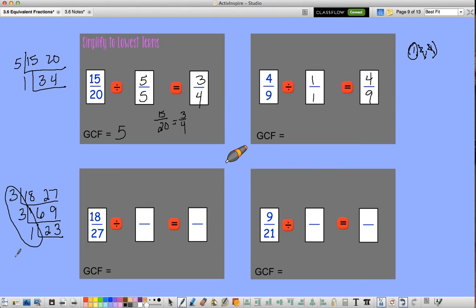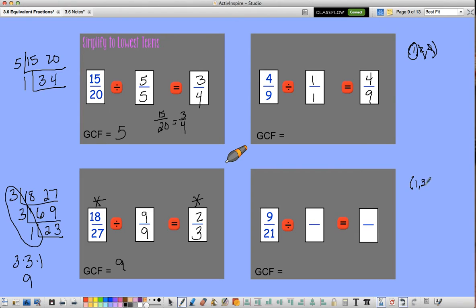So I do 3 times 3 times 1, and I get 9. So the GCF of 18 and 27 is 9. So I divide by 9 over 9, and I get 2/3 as my simplest form. Okay, and then 18/27 and 2/3 are equivalent.